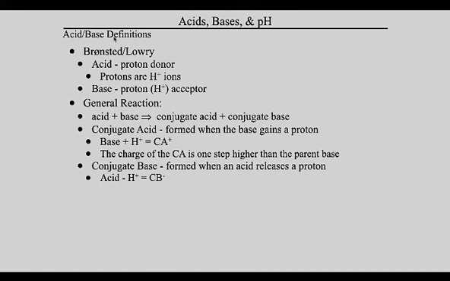The acid minus the proton, the hydrogen ion, gives you the conjugate base. And notice, guys, similarly here, that the charge of the conjugate base is one step lower, because when the acid loses a proton, the charge goes down by 1 because the proton is positive.